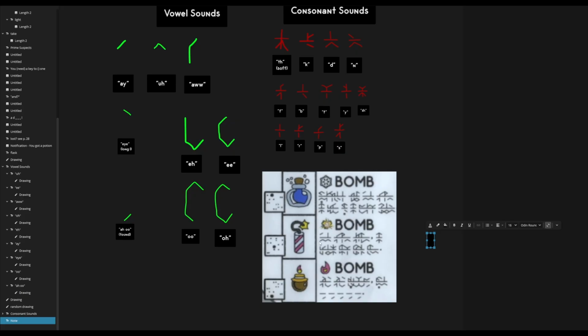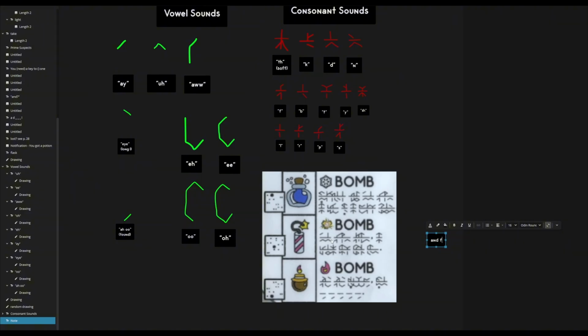I don't know what letter this is. Do I? It's an N. I know what letter it is. N. D. Just ND? No. And is, do I have that yet?